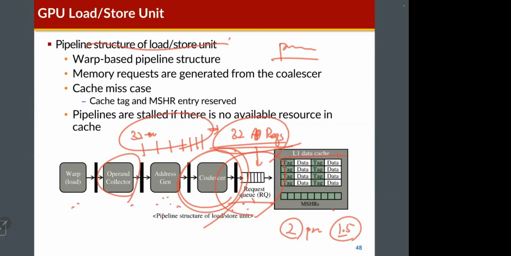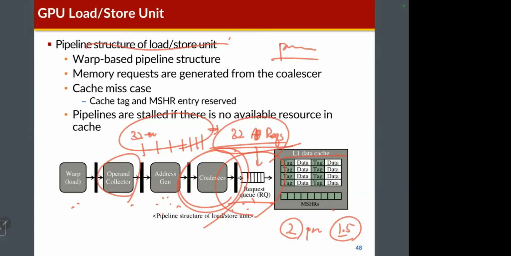The processor fetches data from the main memory, and then this data is moved to the register file of the processor, and the processor reads the data from the register file and executes the instructions using this data. So the performance of the memory system decides the data movement cost inside the processor, and it's the same for the GPU.